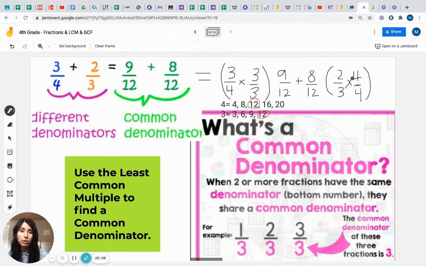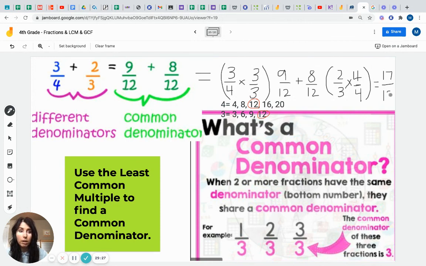So 2 times 4 is 8 and 3 times 4 is 12. Now you can go ahead and add. 9 plus 8 is 17. And your denominator stays the same. When you're adding fractions, you only add the number on top. The denominator stays the same.